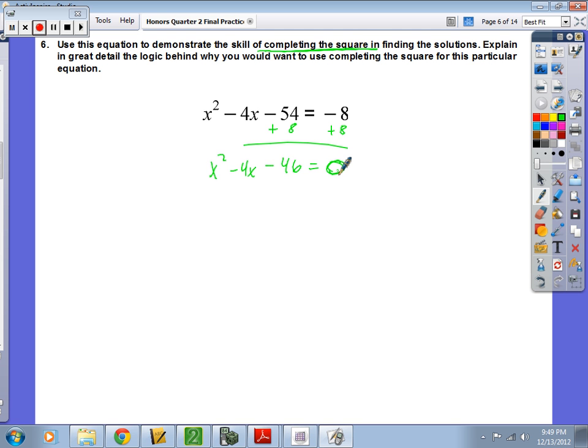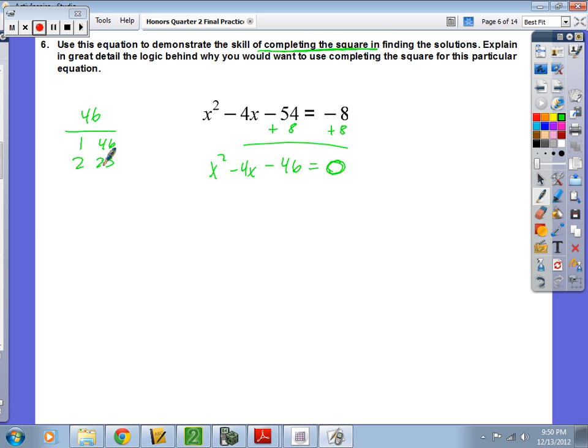Now what I'm trying to do is, what's going to multiply to give you 46, add to give you 4? 46 is 1 and 46, 2 and 23. 4 is not going to go in there. 5 is not. 6, 7, 8. I think that's it. All I can choose from is 1 and 46 and 2 and 23.